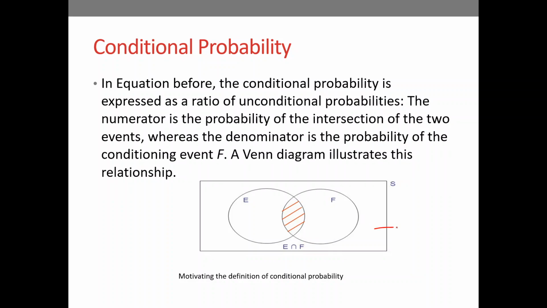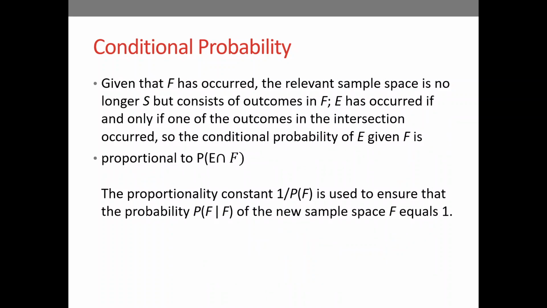I don't have to look into this entire S, but I could just focus on this part. Then again, describing why: given that F has occurred, let me just restrict there, look into that and then find the probability of E and F. So that's the idea which we just discussed, so I won't repeat that.